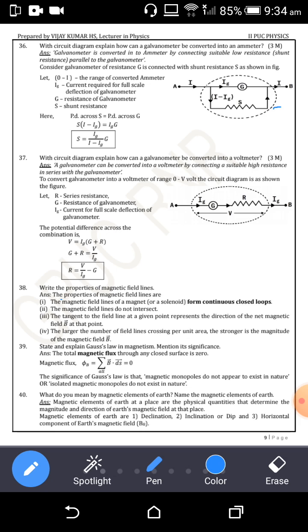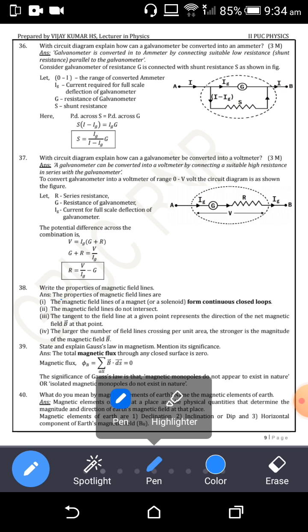We have connected the shunt wire, or shunt resistance, which offers low resistance and is represented by S in the figure.